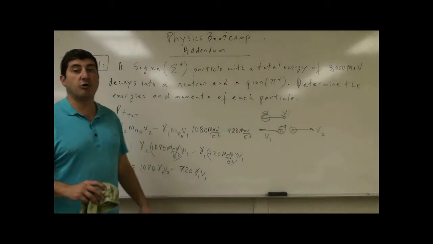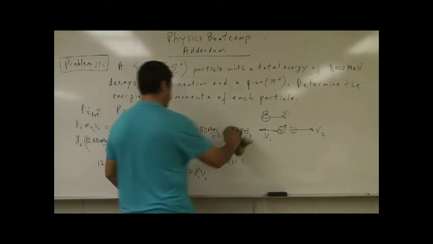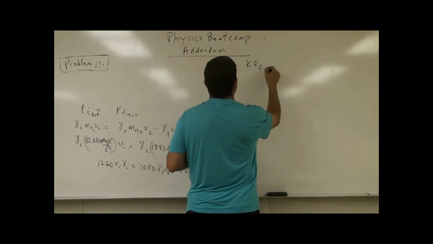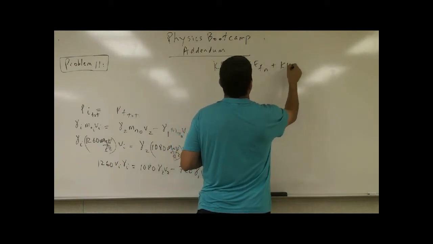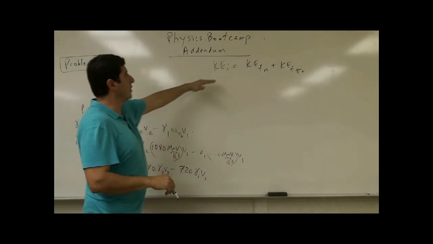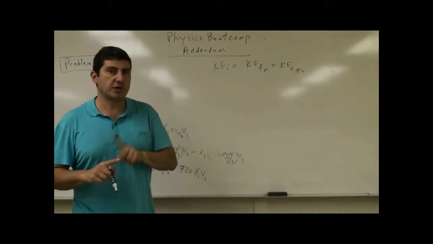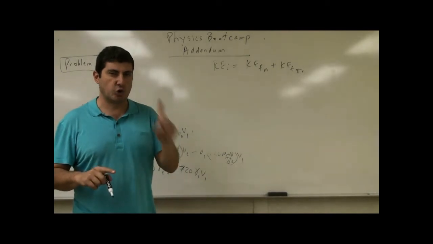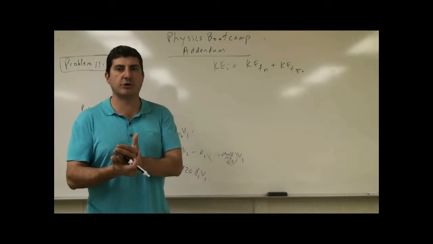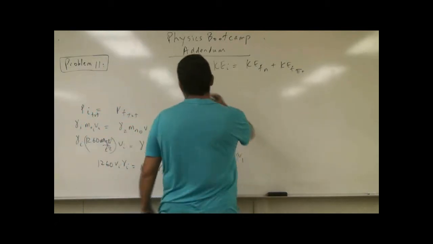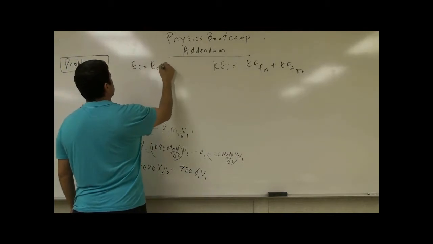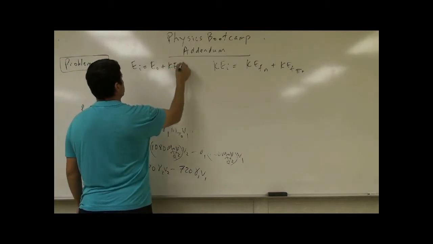We also need kinetic energy conservation. The kinetic energy initial is equal to the kinetic energy final of the neutron plus the kinetic energy final of the pion. So what was the kinetic energy initial? The problem told you the total energy of the incoming sigma particle was 3000 mega electron volts. The total energy initial is equal to the rest energy plus the kinetic energy initial.